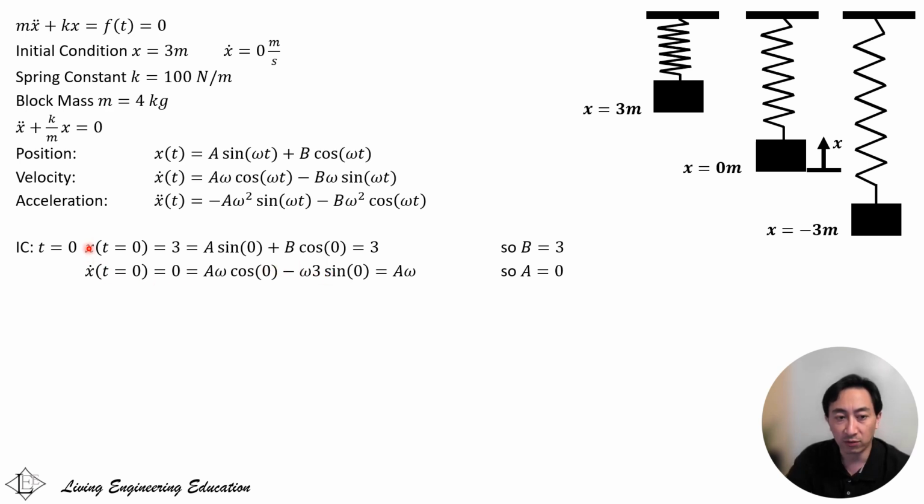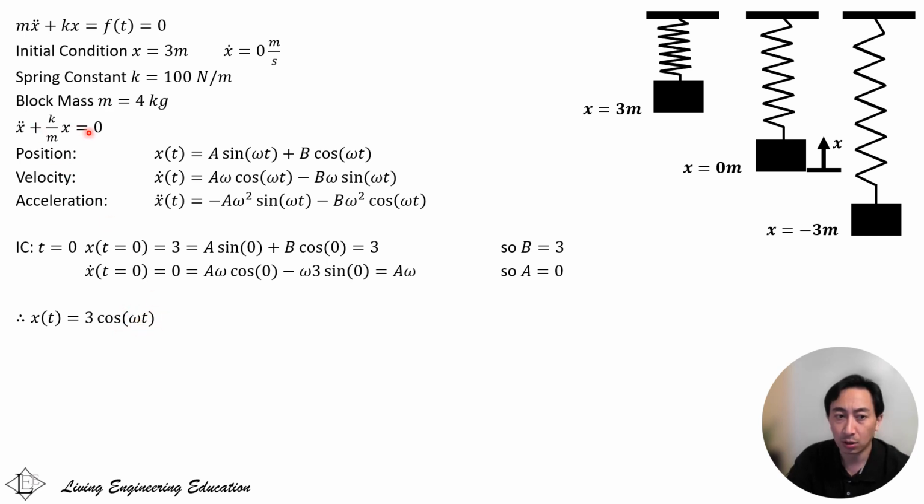Okay. So I've used both of my initial conditions. Now I want to use the acceleration form. I can plug A and B into my general equation. I still don't know omega, but if I plug it in, I get x of t. My position equation does not have the sine term. That drops out because A is equal to 0. So I get 3 cosine omega t, and I need to figure out what omega is.